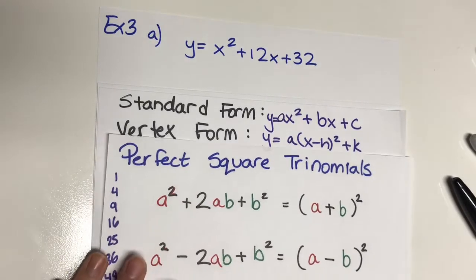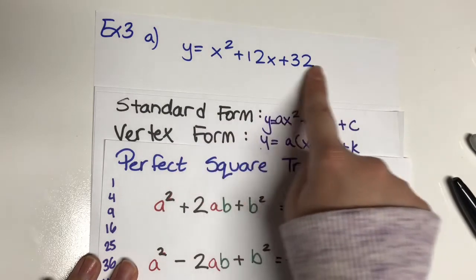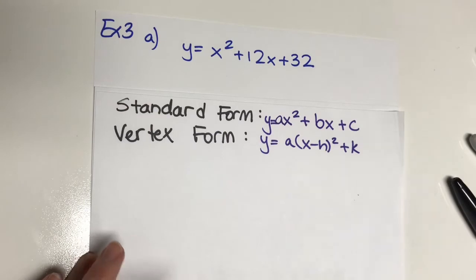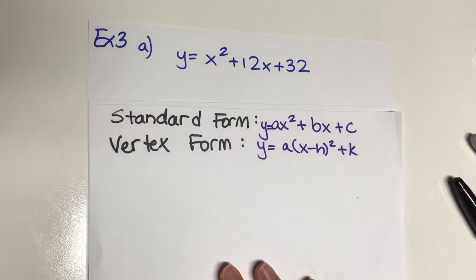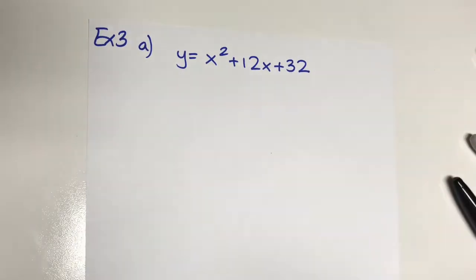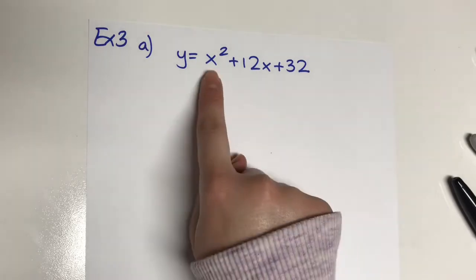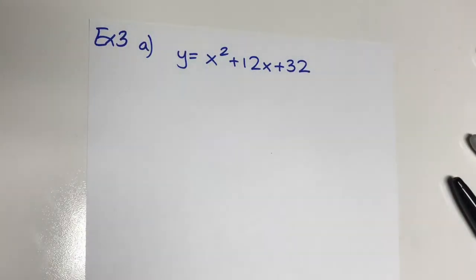For it to have factored like this, somewhere along the way I must have had a perfect square trinomial. So keeping that in mind, I'm going to keep the first two terms as they are, because a is 1, so I don't need to do anything.